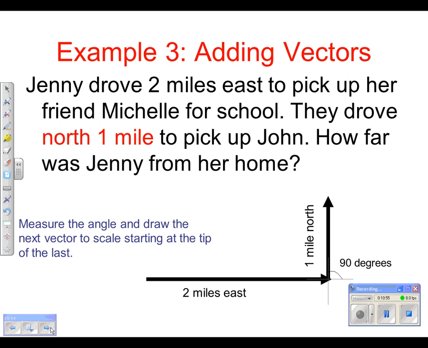And once again, it's drawn about the right distance. And then to get the resultant, which would be her displacement from her house, you want that piece right there of your triangle. You're going to use Pythagorean theorem.